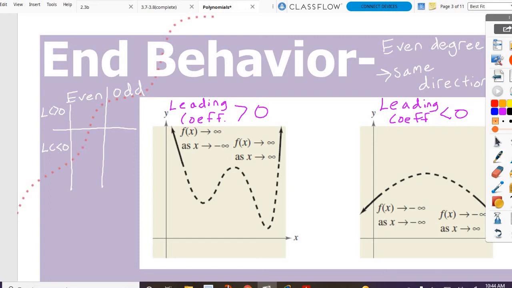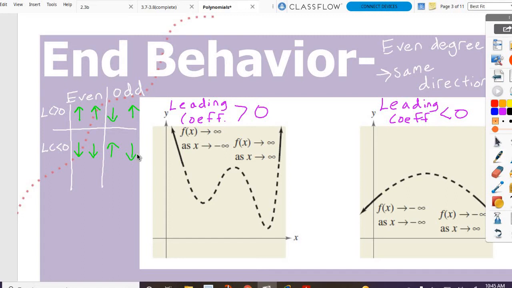So in my leading coefficient, they will both point up. If it's negative, they will both point down. If it's odd and we're positive, the left is down, the right is up. And if it's negative, then it's the opposite. So it's just kind of like a quick cheat sheet reference chart to kind of tell us what's going on.